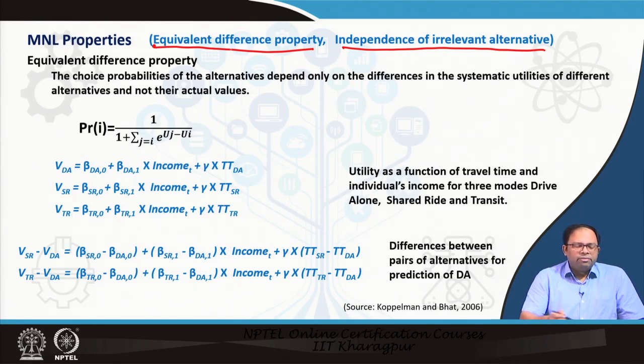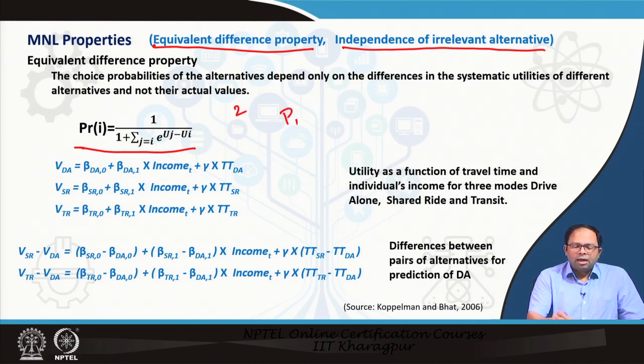So, ultimately we have established this earlier that P_i, where i is the alternative, is equal to 1 divided by 1 plus the summation over j not equal to i of e to the power (u_j minus u_i). That means, suppose there are 4 alternatives and I am evaluating the second one.